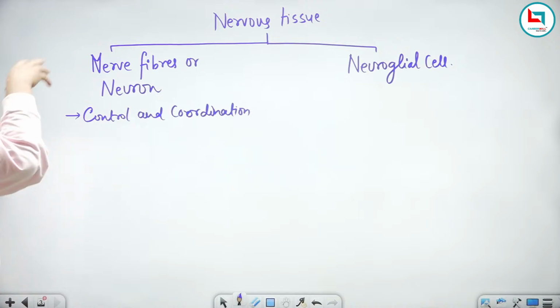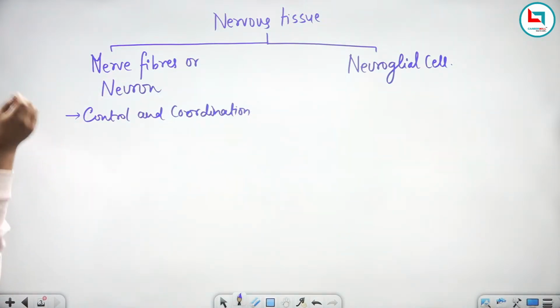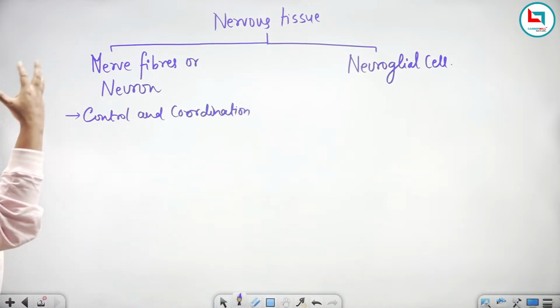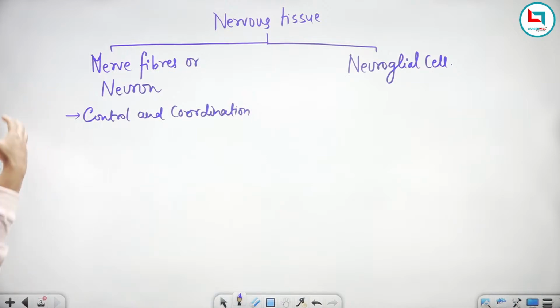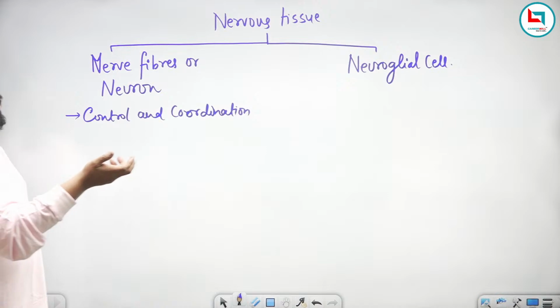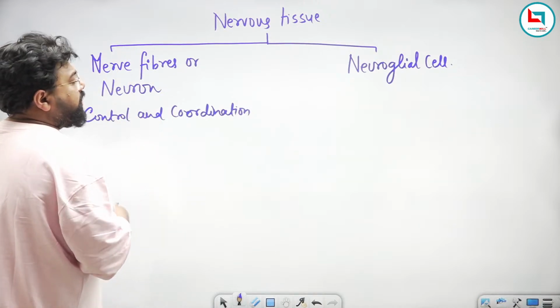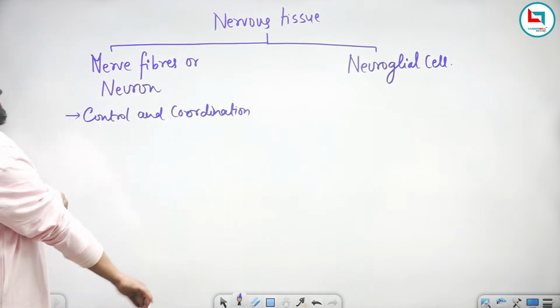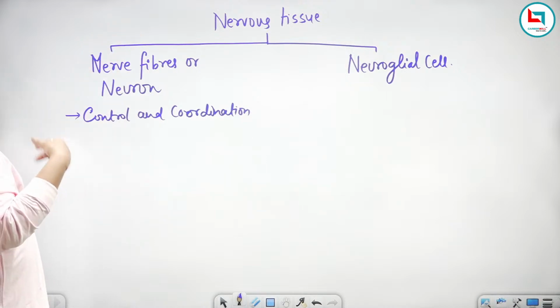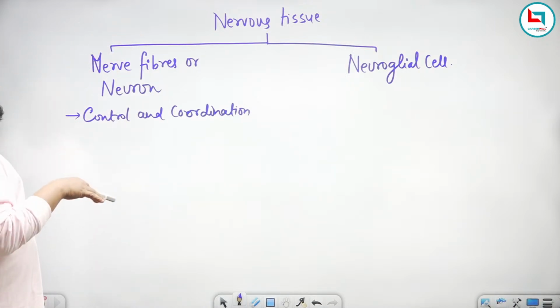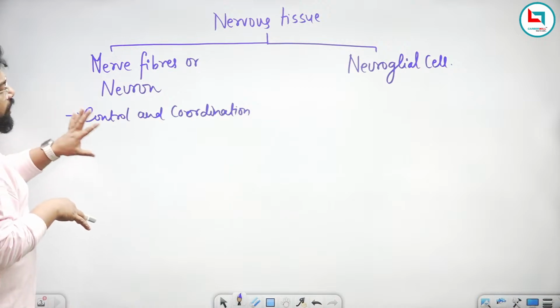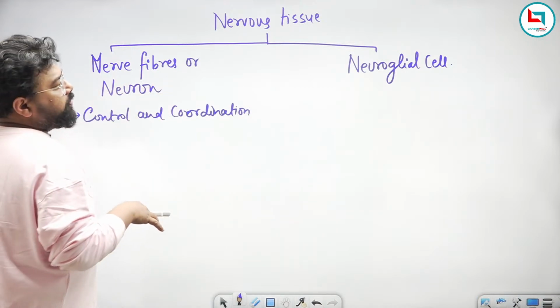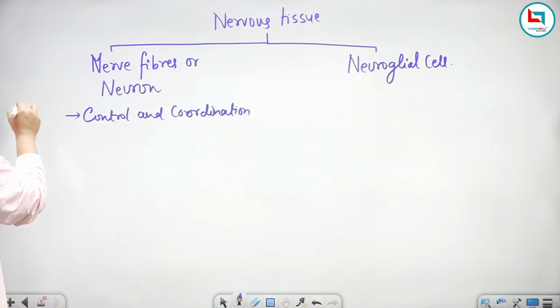Means our brain is connected with heart, our brain has a connection with kidney, our brain has connection with our gut, our brain has connection with different organs in our body, as well as the spinal cord has connection with the different organs in our body. So these cells are found in our brain as well as in our spinal cord, and these cells control our body and make a coordination between the body. So these are the functions of neuron.